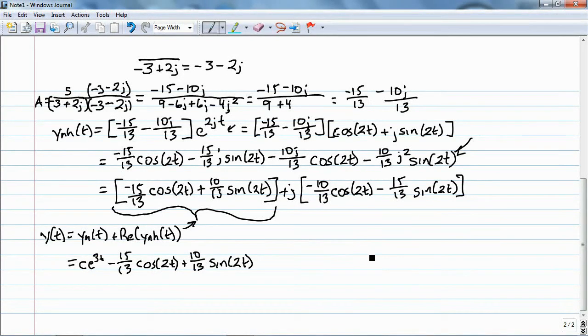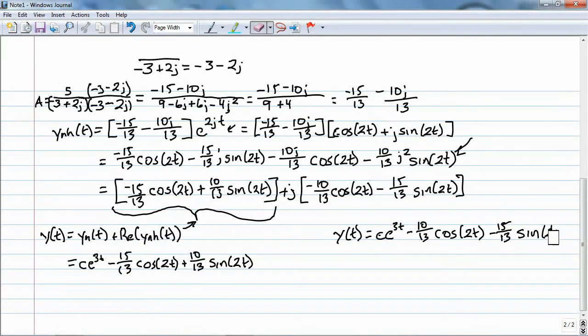Now there's something interesting here. If I were to take the imaginary part of this and come up with this formula for our solution, that would have to be a solution to something.